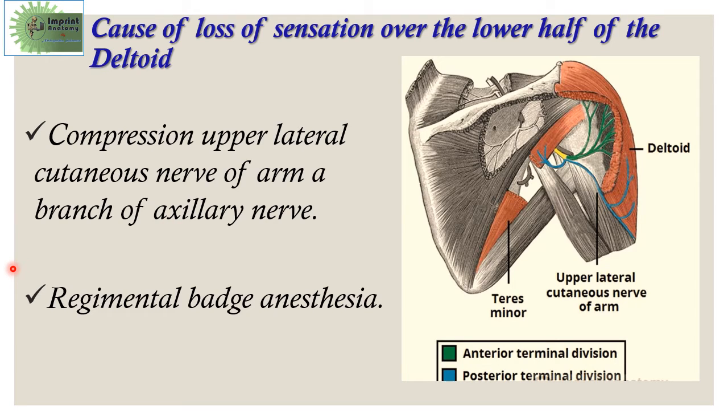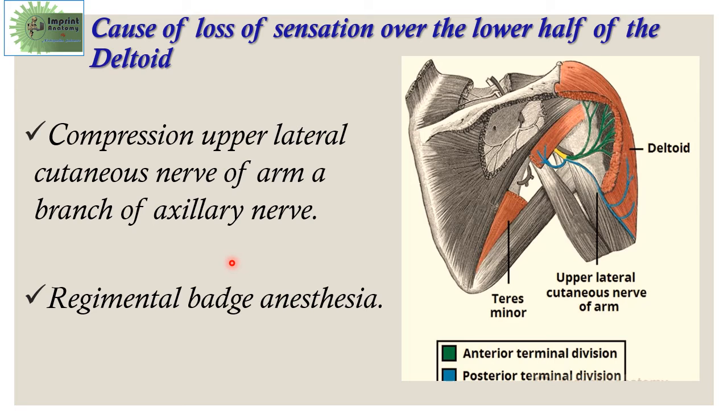When there is damage to the upper lateral cutaneous nerve of the arm, which is a branch of the axillary nerve, in case of the intramuscular injection also, it can cause damage to it.